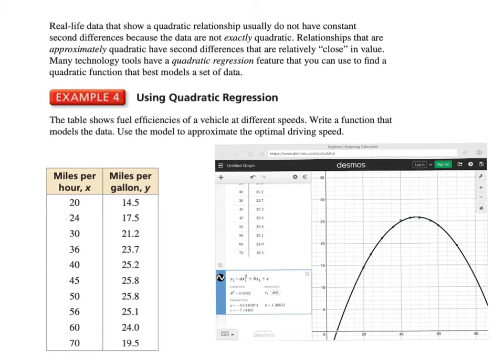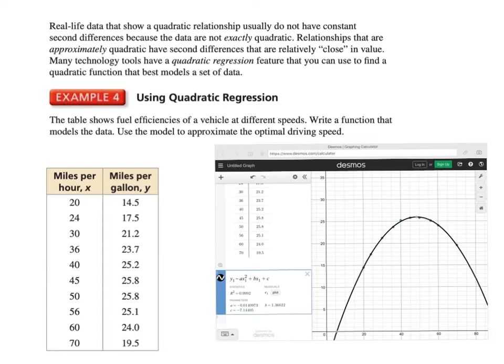Notice your R squared value is 0.9992. Just like we did with the linear regression models, when you looked at the R value, remember I told you the closer it was to 1 or -1, the better. The closer to 0, it's not a great model. Same idea about R squared, but R is only for linear equations.